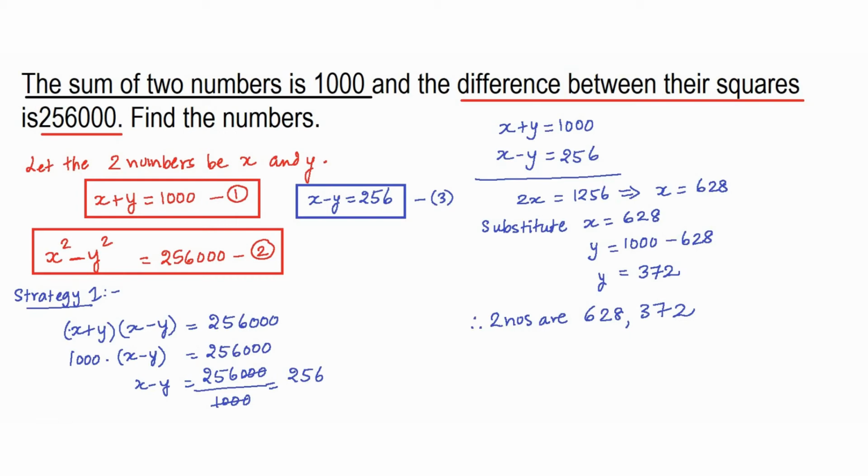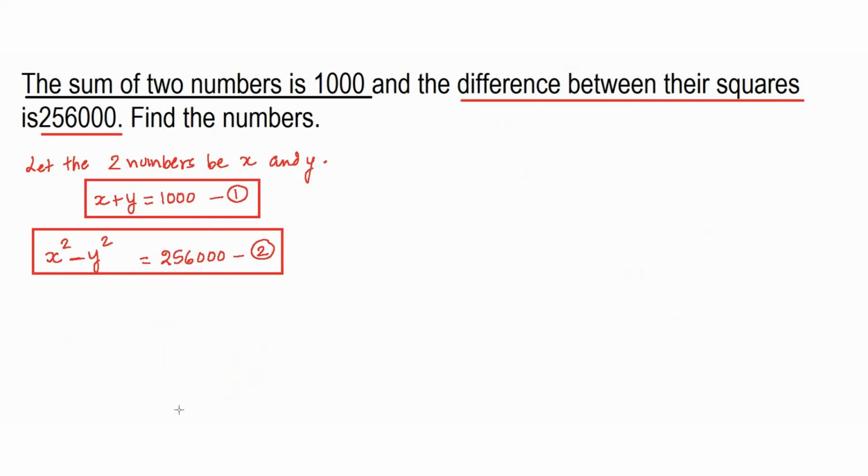Okay, let us use another strategy to solve this question. It is using the concept of substitution. So what I'm going to do is, from the first equation, I can say that x is equal to 1000 minus y, right? I'm going to make this substitution.